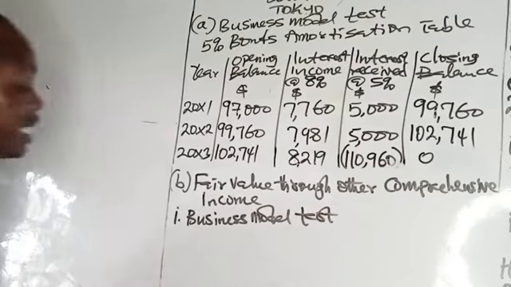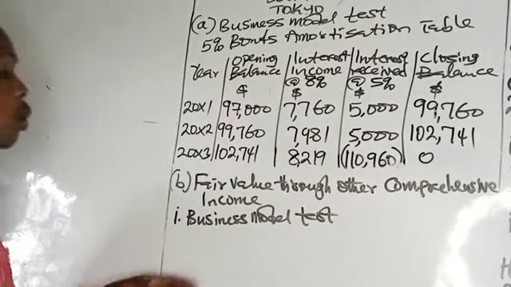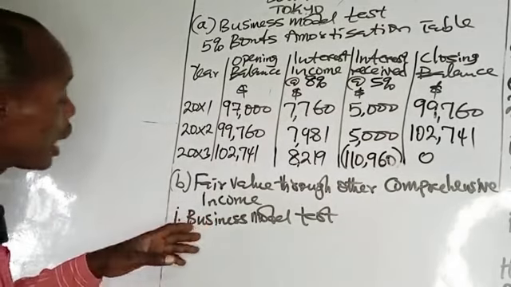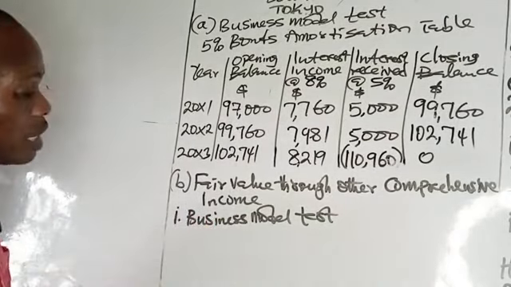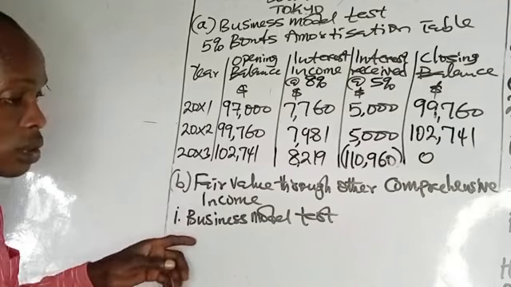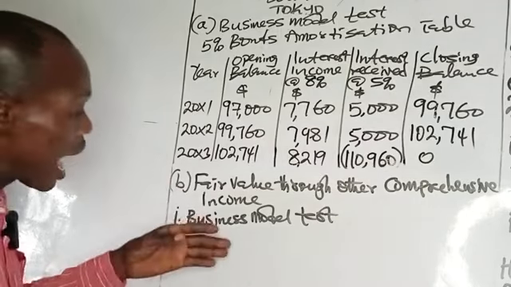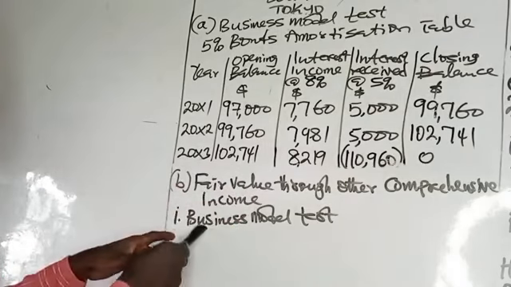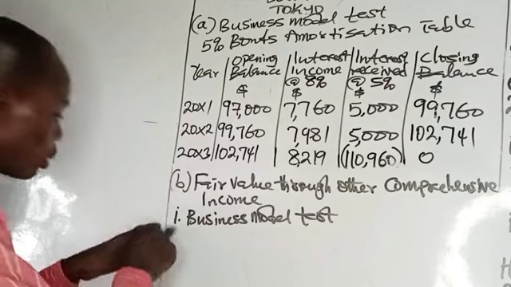That is, the entity must intend to hold the investment to maturity and may also sell the asset if there is possibility to acquire another asset with higher returns. So the requirement B in this question met that condition.